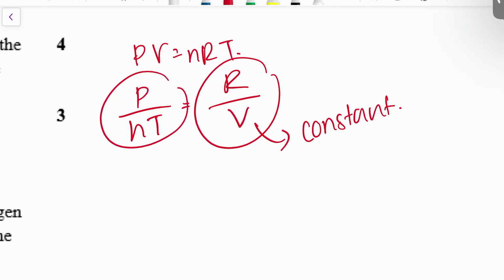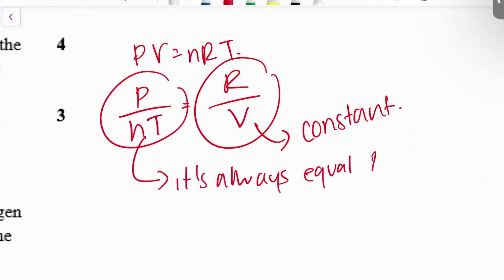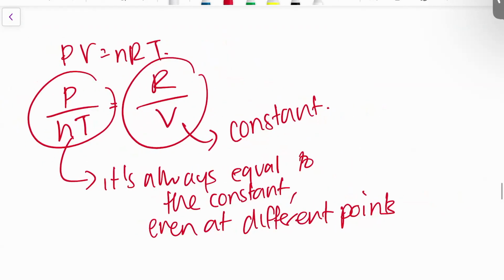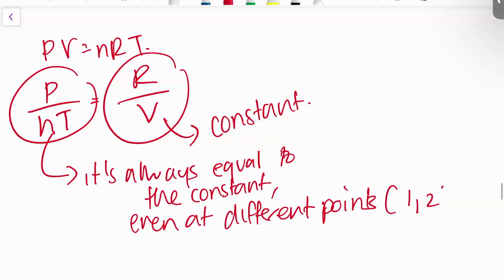This is always equal to the constant, even at different points. Let's say 1 and 2, which are the numbers we tend to use.